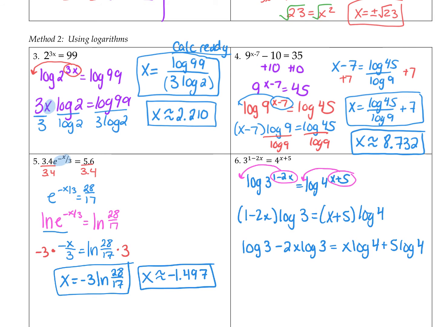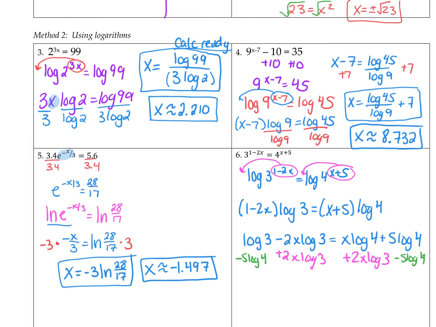So now I'm going to move everything that has an x to one side and everything that doesn't have an x to the other side. So since I have this, I'm going to move my x's to the right. So I'm going to add this 2x log of 3 to this side. And then I'm going to move this 5 log of 4 to this side by subtracting.